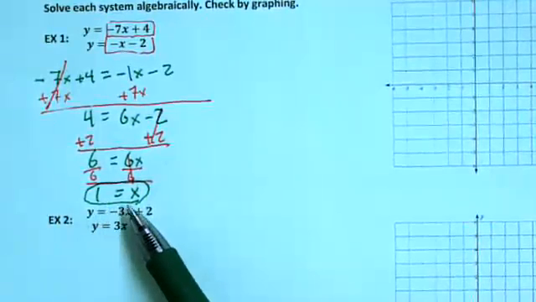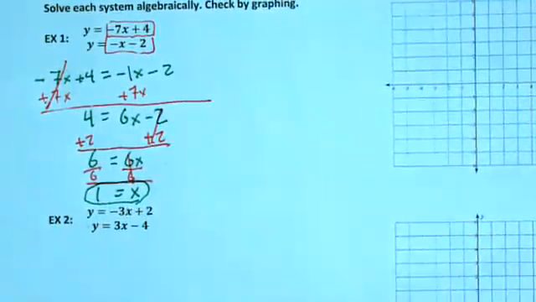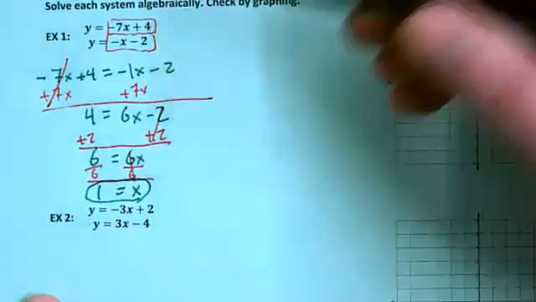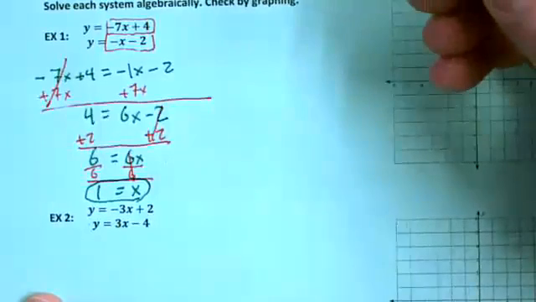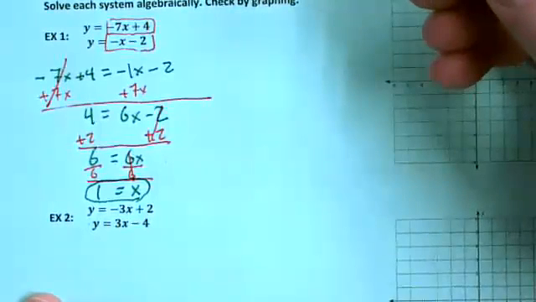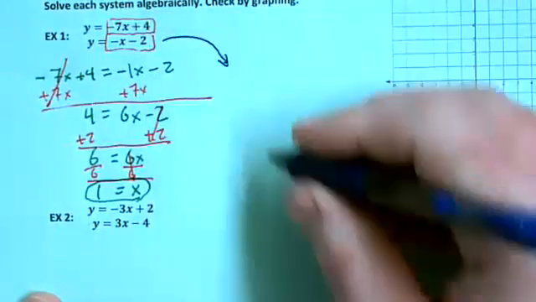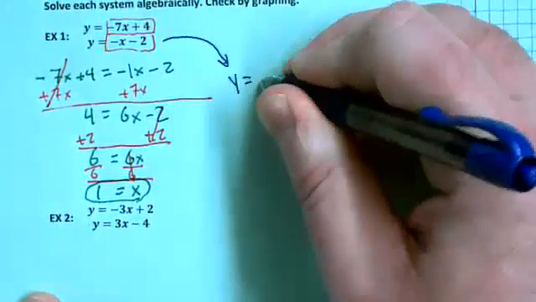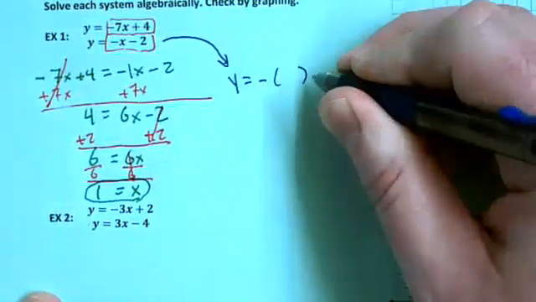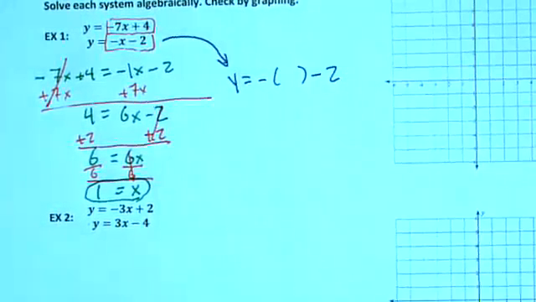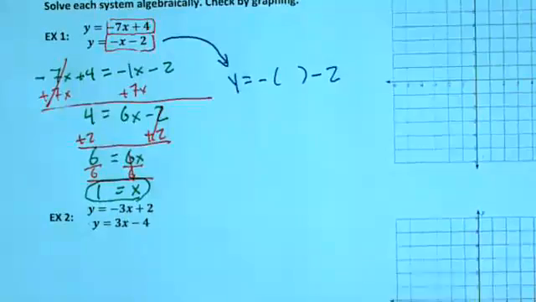We just need to find our y value. We need to go back to one of our original equations. Do you guys want to go with the first one or the second one this time? Any preference? Second one this time? All right, go on second. Y equals negative blank parenthesis minus 2. I left my x out because we have a number that we can put in for x now.